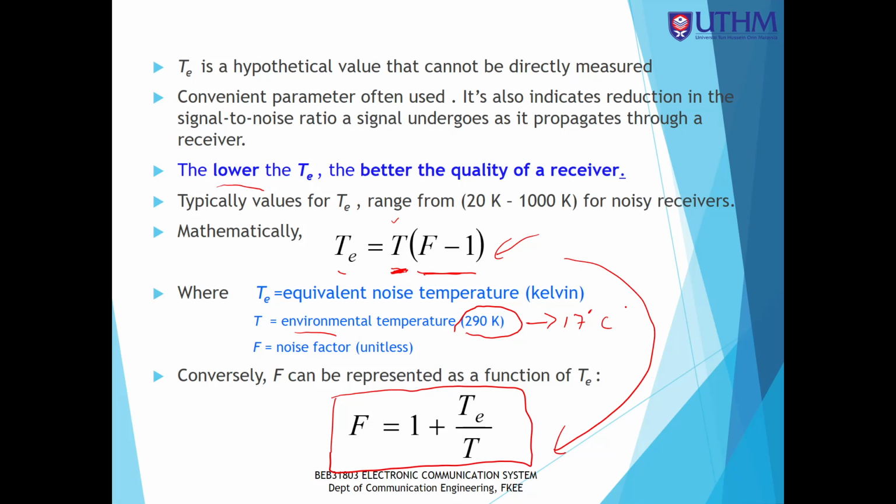Okay, so kalau you lihat dalam case ini, kalau you buat cascaded amplifier, since kita ada sebutan TE dan F, bermakna you akan ada TE1, TE2 dan juga TE3.